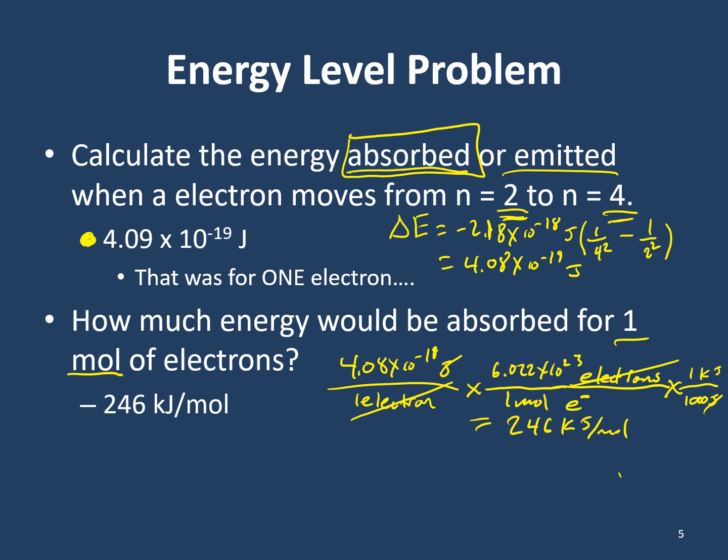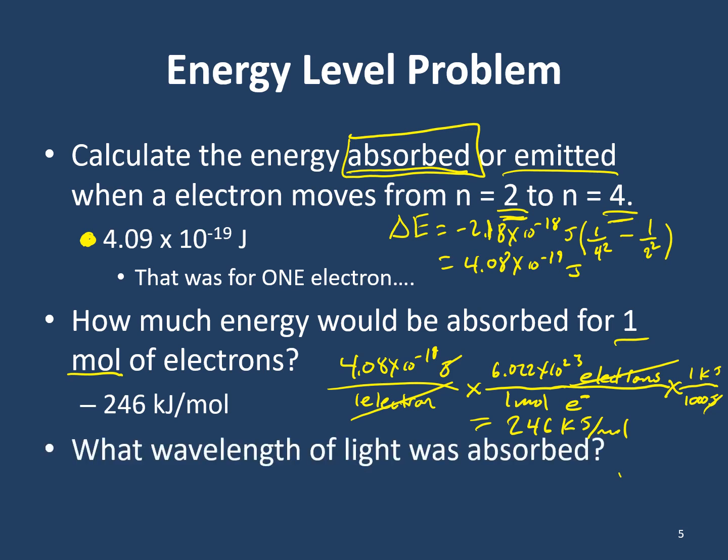All right, so let's do one last question. What was the wavelength of light absorbed? Well, we can actually calculate that from our energy per electron. We also know that energy is equal to hc over wavelength, Planck's constant times speed of light over the wavelength. And so this is going to be equal to 6.626 times 10 to the negative 34 joule seconds times 3.00 times 10 to the 8 meters per second.